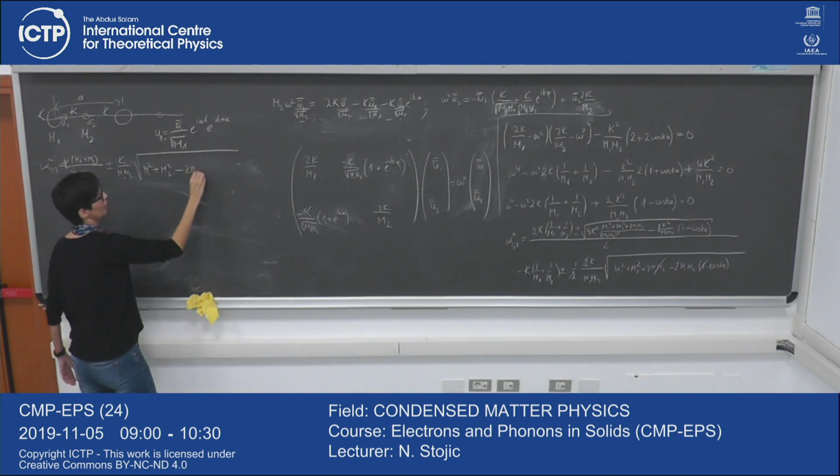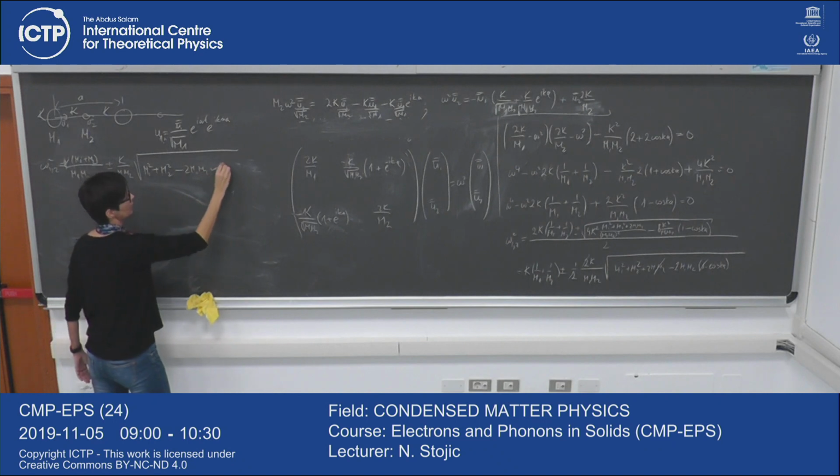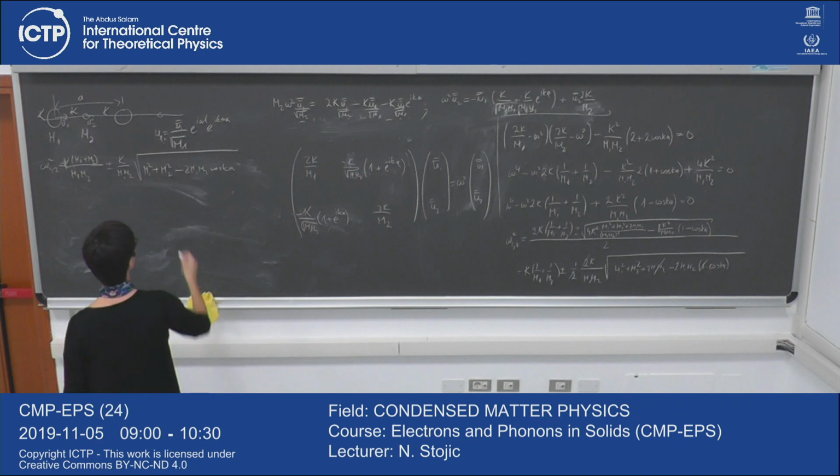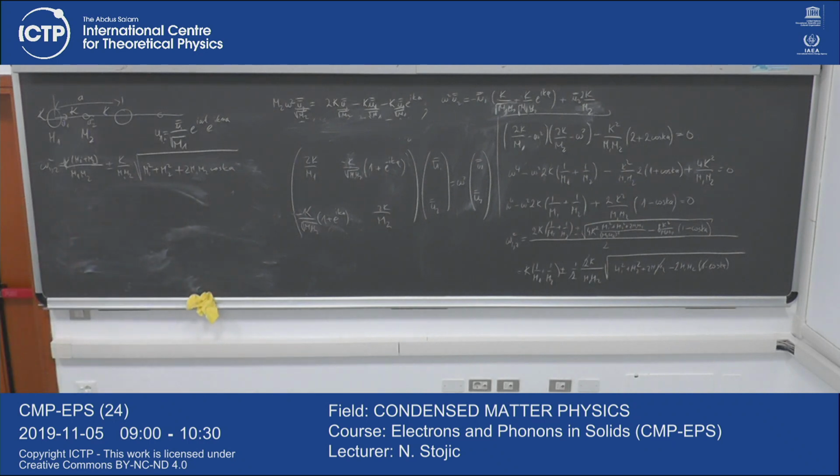Minus 2 M1, M2 cosine Ka. I think that's correct. Plus, I think, let's see, M1 plus M2 squared. Okay. So this is the dispersion we are getting.